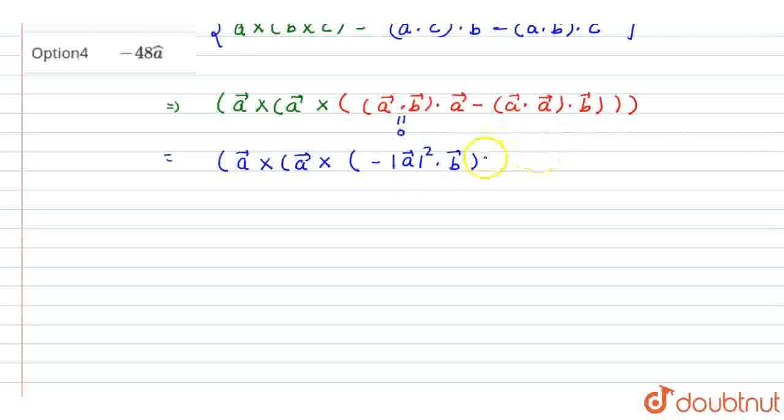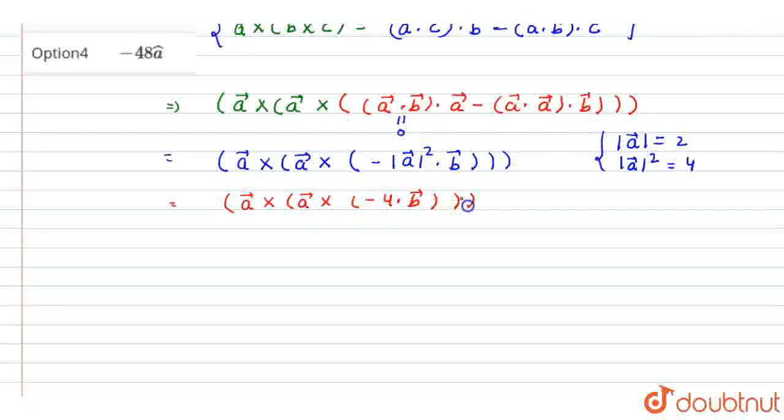In the question the magnitude of A vector is given as 2; squaring this, the magnitude of A vector square is equal to 4. Putting the value, A vector cross A vector cross B vector is equal to minus 4 dot B vector.